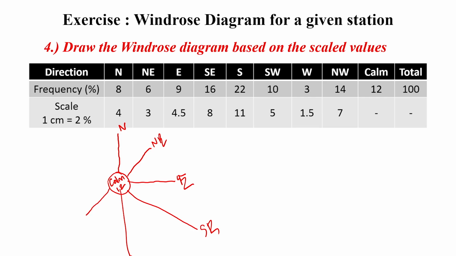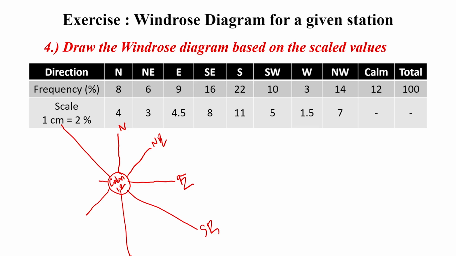Your western direction is a bit short, which is 1.5, and your northwest direction is a bit higher. Based on this scaling and the frequency calculation, we draw the simple Windrose diagram, and then you join these lines with dots.